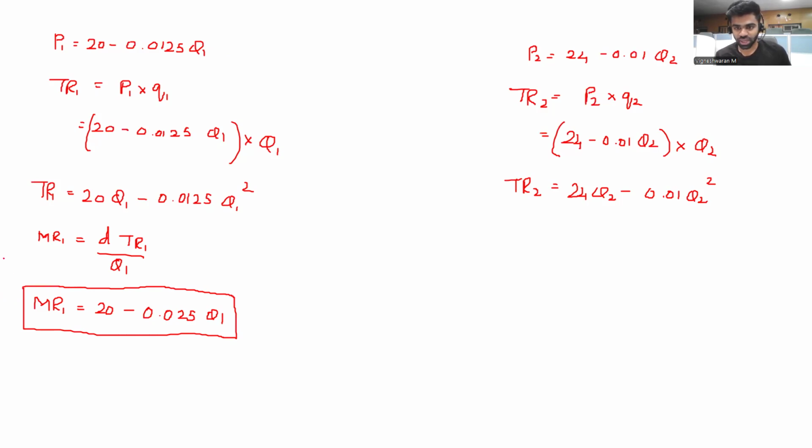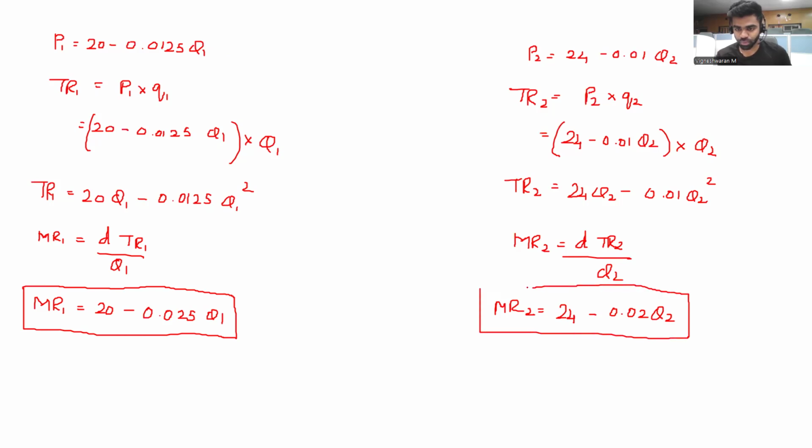Now the same we have to calculate for the second market. MR2 is equal to differentiation of TR2 with respect to Q2. So it will be 24 minus 0.02 Q2. This is the value for MR2. So we have MR1 and MR2. What will be the next step? The next step will be equating MC and MR.